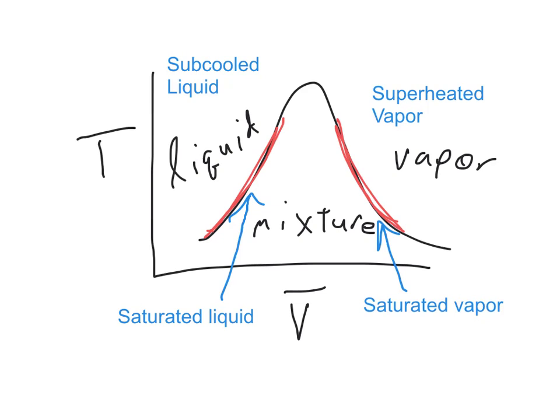And the other thing that's unique about this line is once we know what our temperature is on this line, we instantly know what our pressure is. And so at any point on this line here, we have the saturation pressure and the saturation temperature.